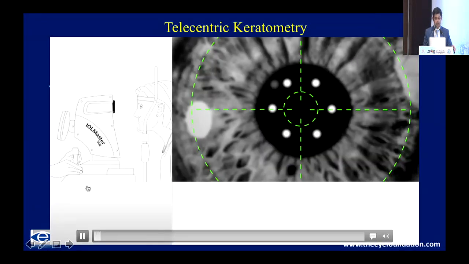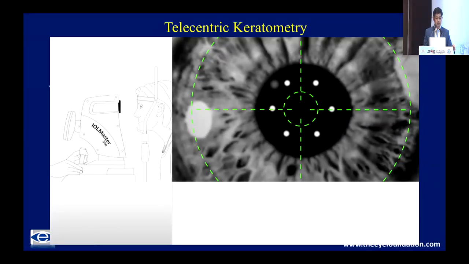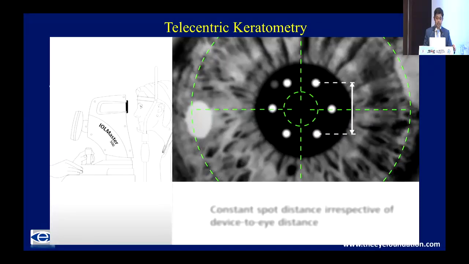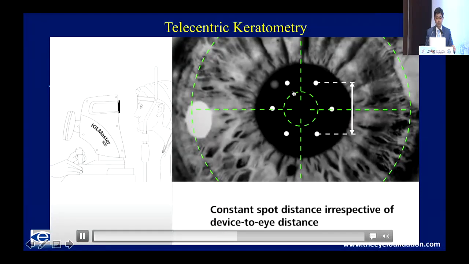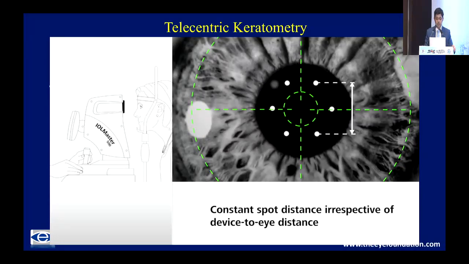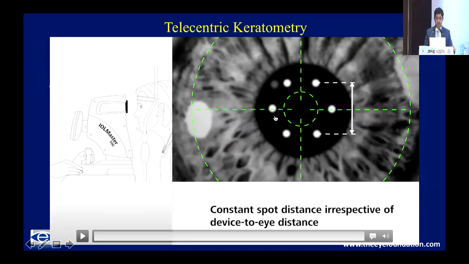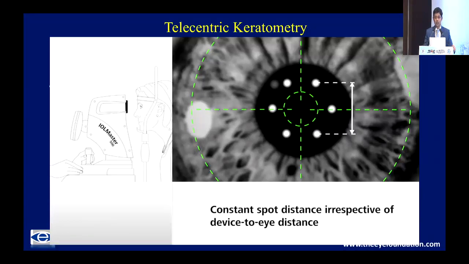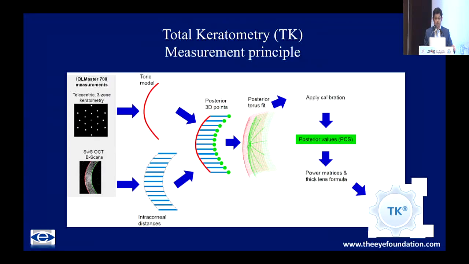Additionally, a concept like the telecentric keratometry, especially in IOL Master, really helps, because even if the patient is not a little cooperative or your biometrist is not as talented, it ensures that the spot spacing is kept the same irrespective of the device to eye distance. So this is very important, because even if the patient is moving their head a little bit or is not rested completely, you still are measuring over the same region in the cornea and you get more repeatable values. That's one very important concept with telecentric.